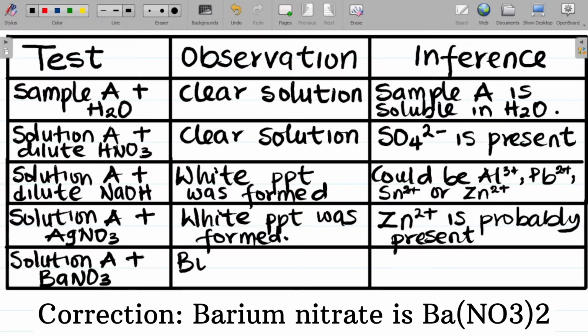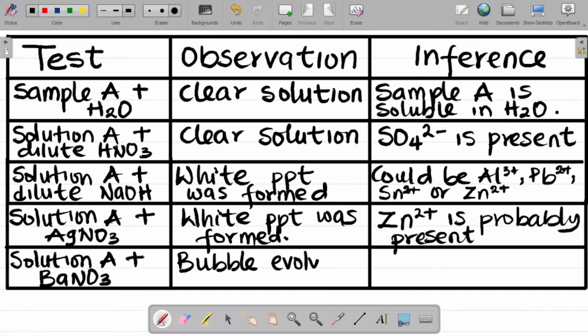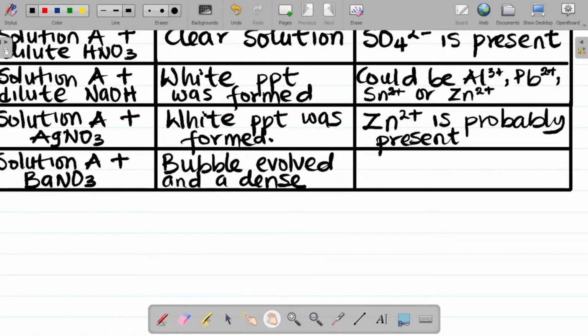Bubble evolved. Not just this, a dense white precipitate is formed. Let me go up and bring that. So a dense white precipitate, PPT, is formed.